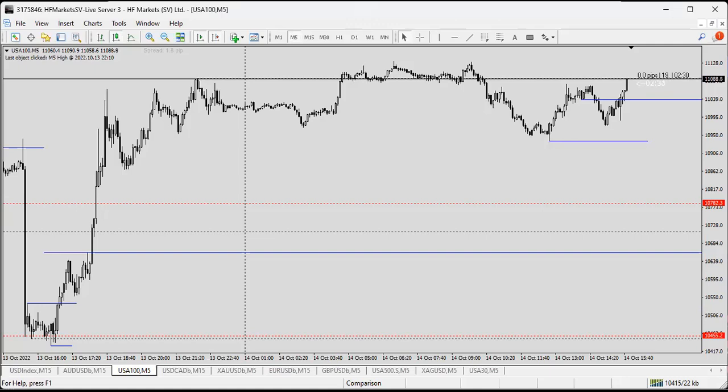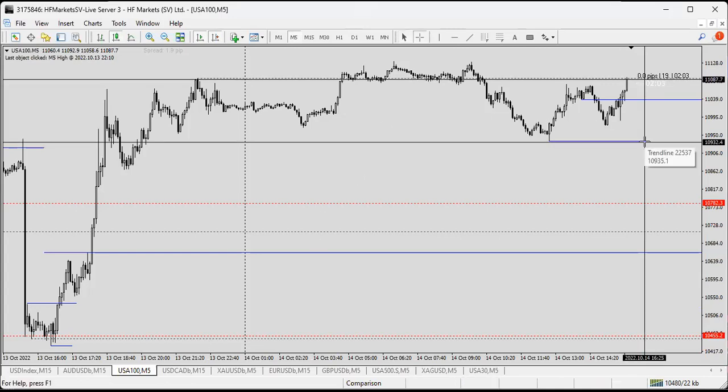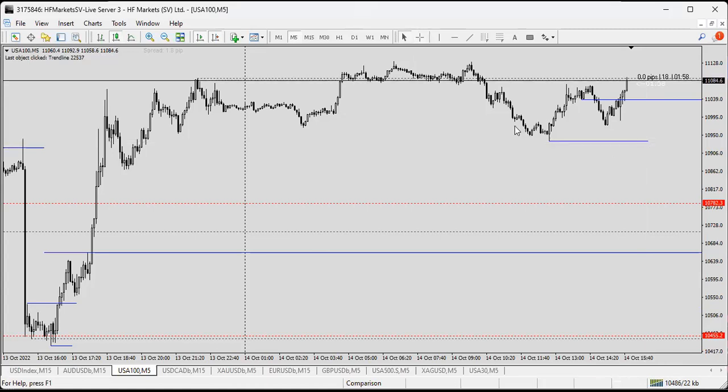All right, so it's currently at 11:00. Basically 11:09. So stops for 20 points would be about 11:10. Okay, cool. All right, and take profit is 109.30 is best case scenario.